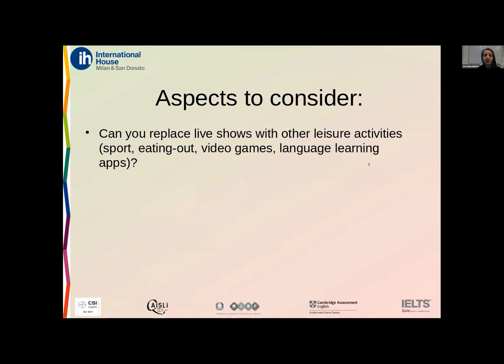What do you think? How about video games? Maybe they could compare different reviews. Language learning apps, which I like. Right. So there is room for plenty of ideas.